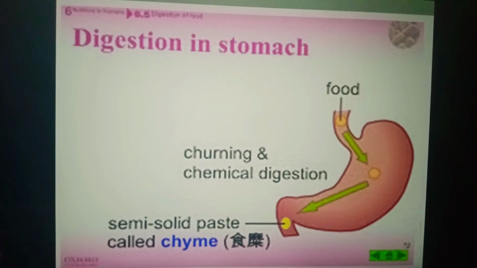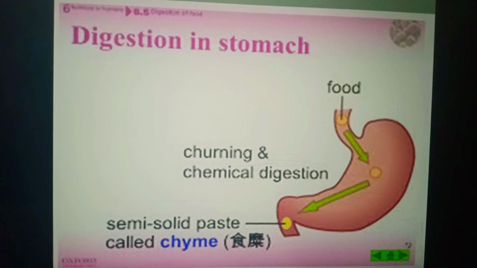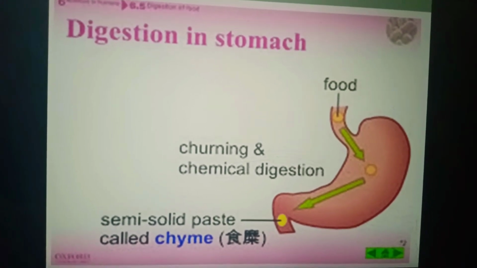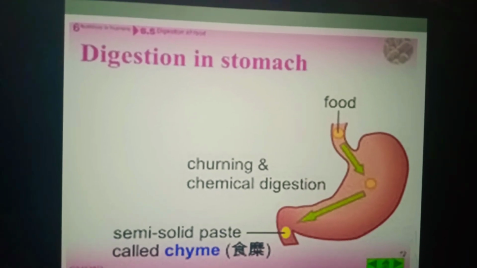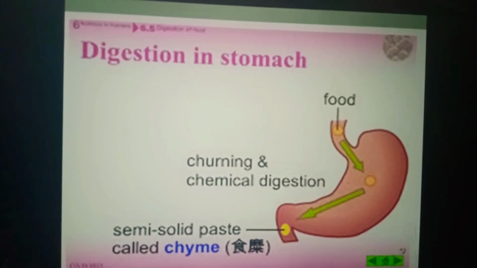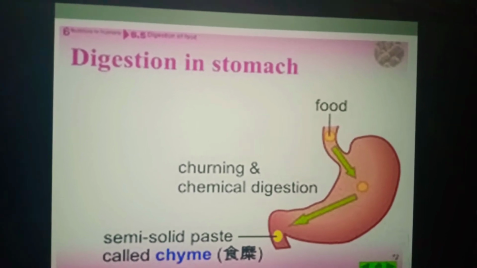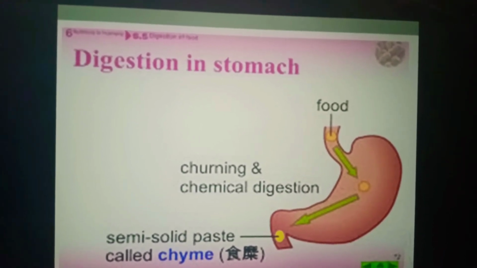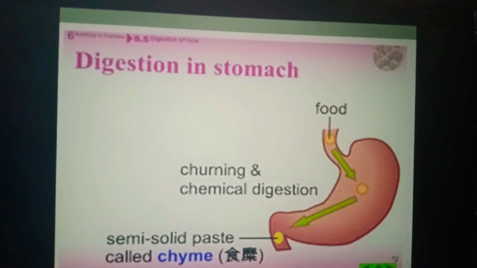Digestion in the stomach. In the stomach, food is further broken apart through a process of churning. The walls of the stomach contract and relax, and these movements help in thorough mixing of gastric juice and food. The churning action also produces heat, which helps to melt the lipid content of food.